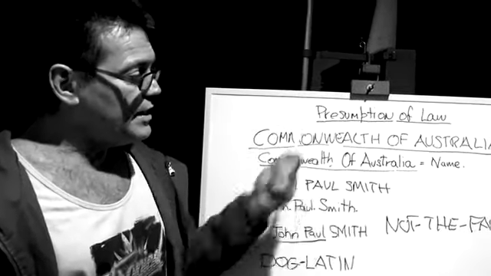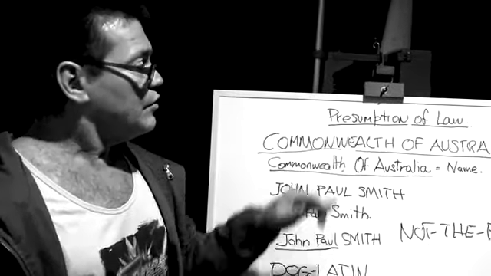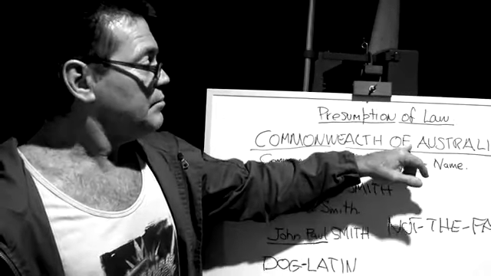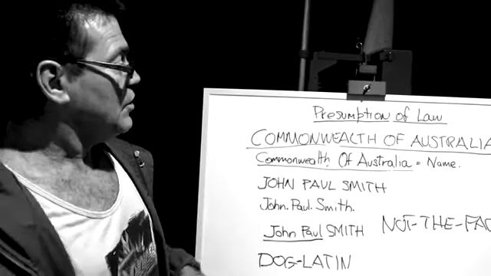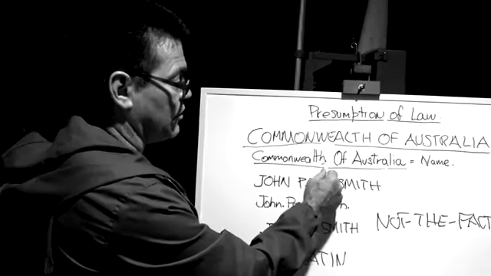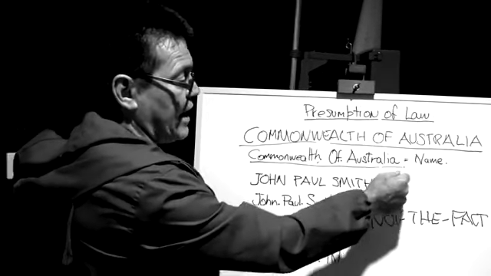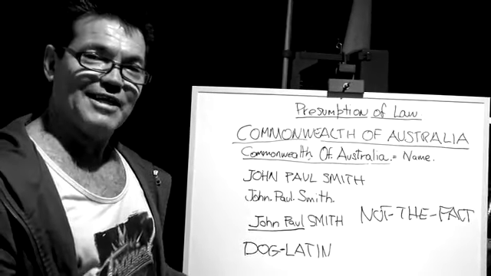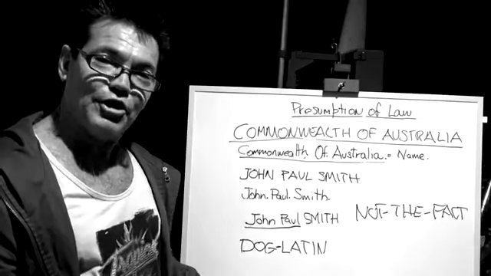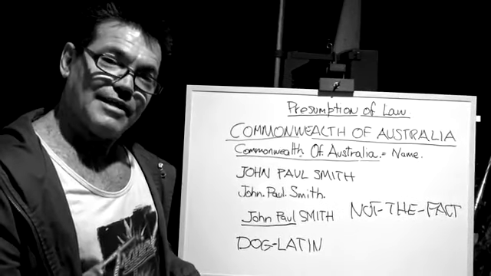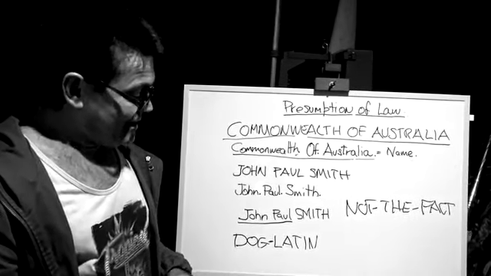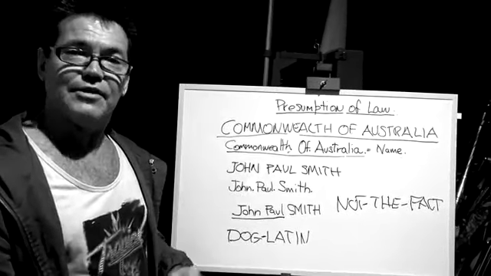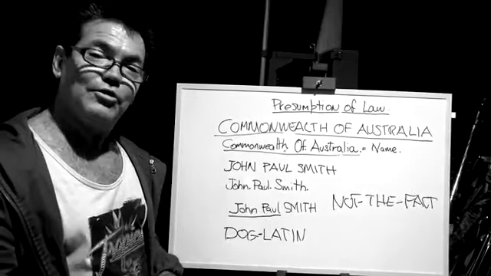So that when you read this stuff, you read Commonwealth of Australia, you assume it's Commonwealth of Australia, but in actual fact, it's not. That reads Commonwealth and of and Australia, which is a really dirty trick. And that creates the confusion and just what the elite want it to be.